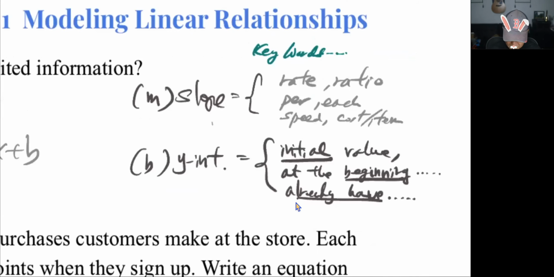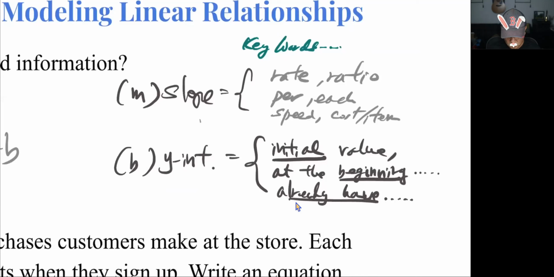The keywords. When you see a slope, which is m, anything that says rate, ratio, per, each, speed, and cost per item. Like something costs $5 per gallon. Anything that has per, a ratio, that's a slope.